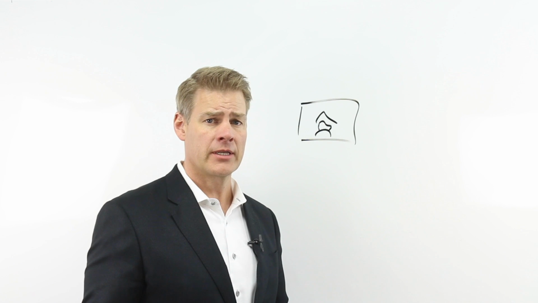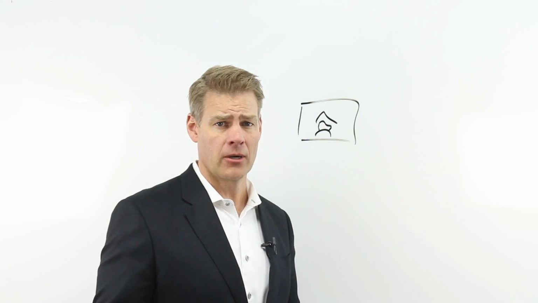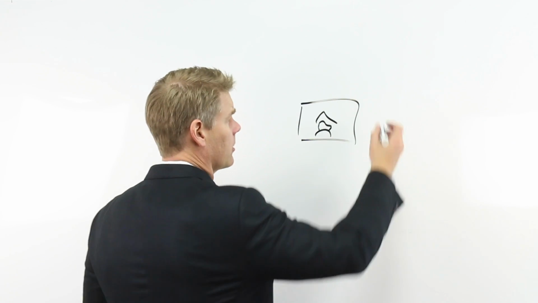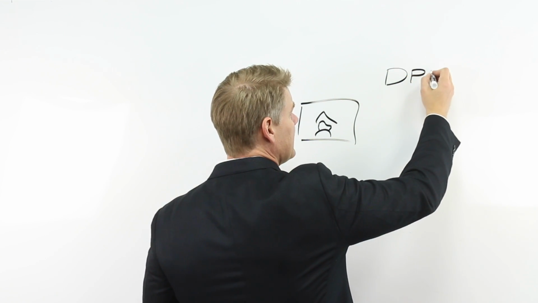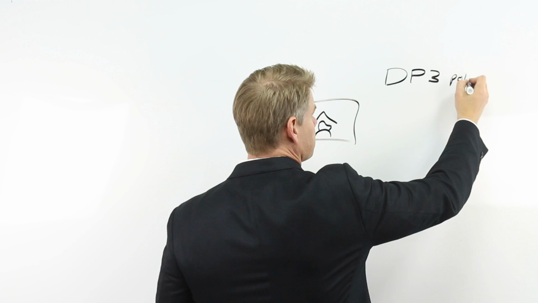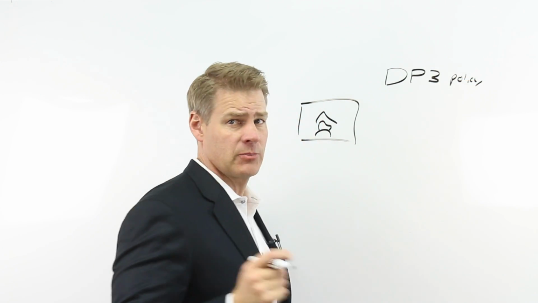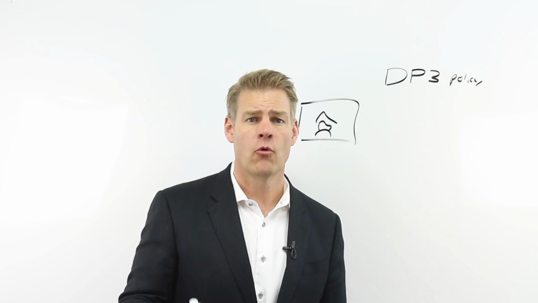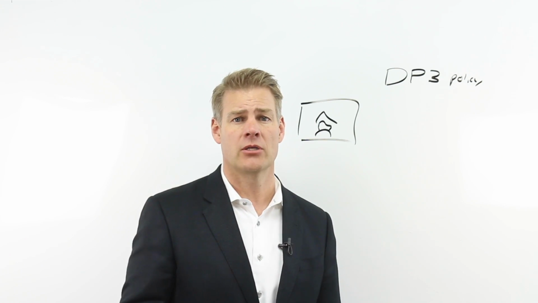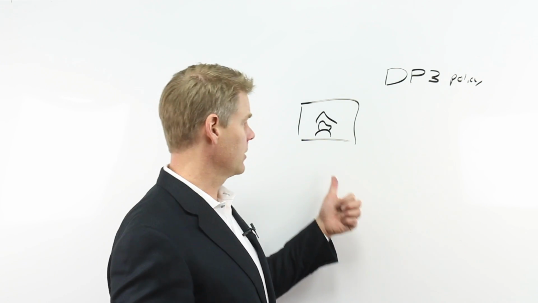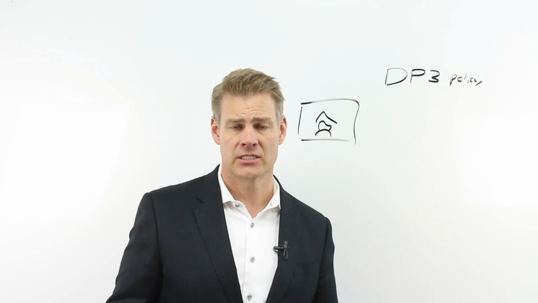Well, the problem you're going to run into is if you're working, let's say, with State Farm, you have to make sure that your State Farm agent, when you call them up, offers what is referred to as a DP3 policy. This is a policy that is specifically provided for individuals who rent real estate. It's for rental real estate, especially with LLCs or business entities.